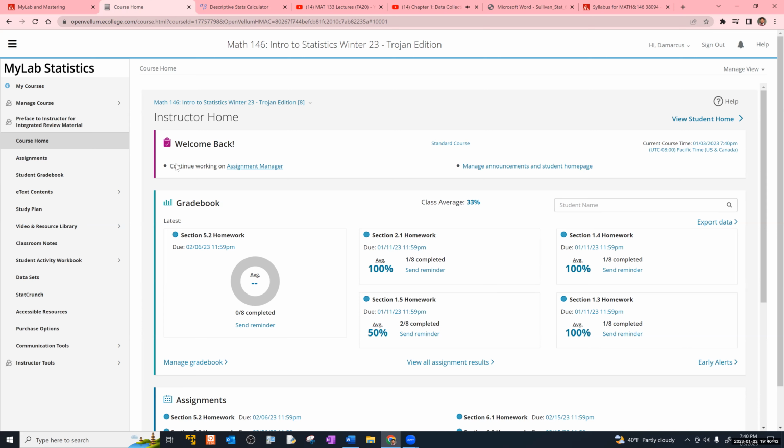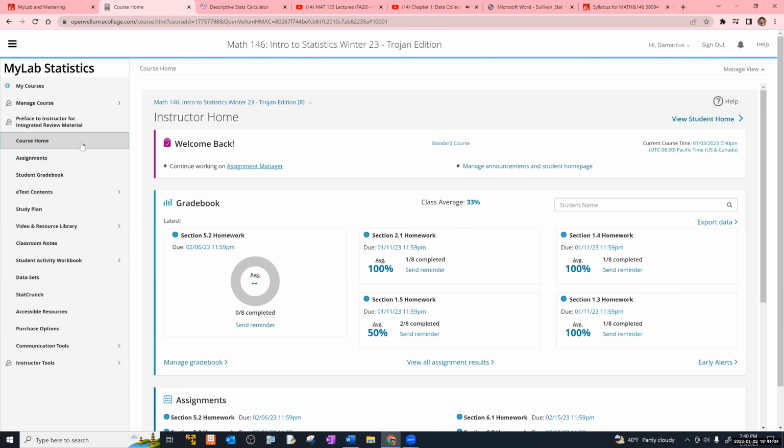There's a grade book inside of My Lab and Mastering, inside Pearson, but that's not the grade book that I go by. So it's your grades inside here, but I would ignore that. It's only the ones inside of Canvas.